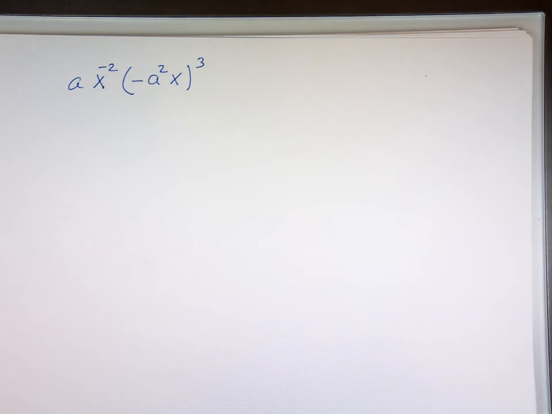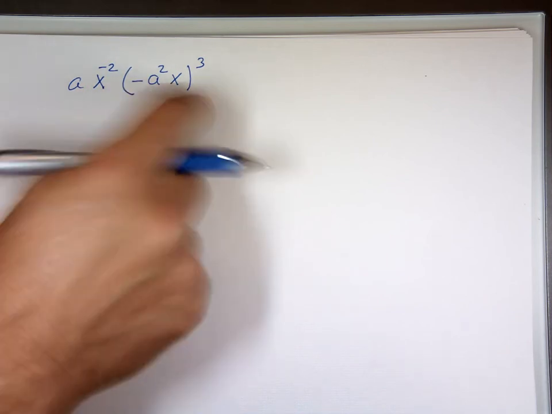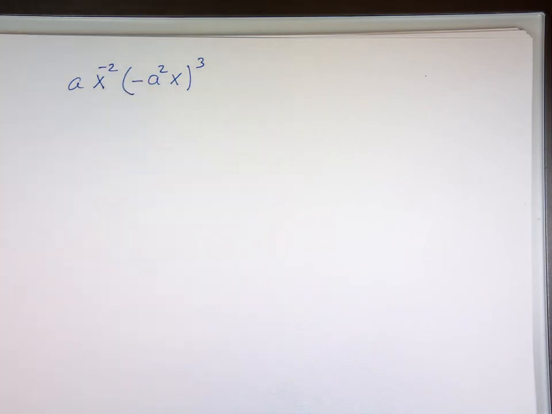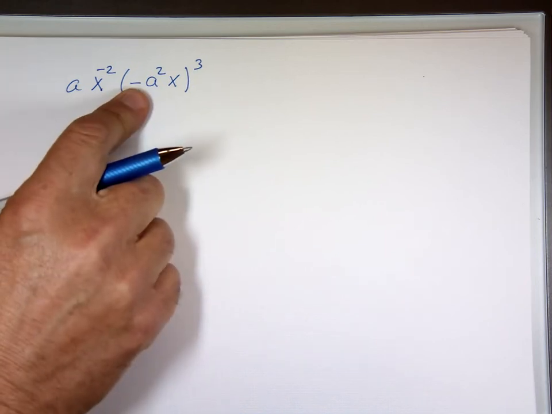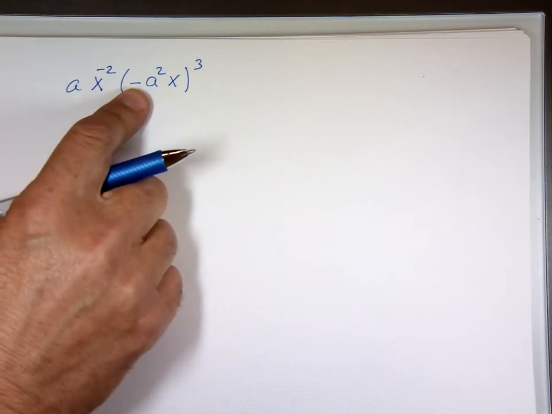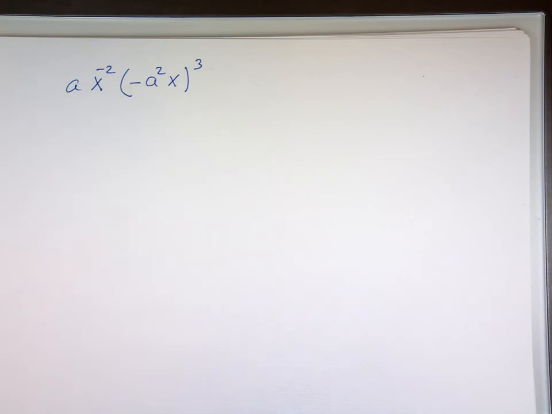I have to do what? I gotta do the power first. If I do the power first, there's a negative. That negative means negative what? Negative 1. So what's negative 1 when you raise it to the power 3? What's negative 1 times a negative 1 times a negative 1? It's negative 1.